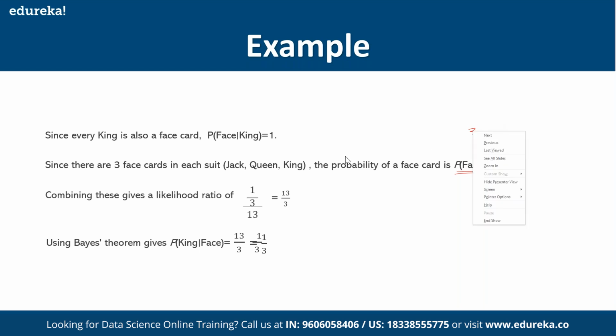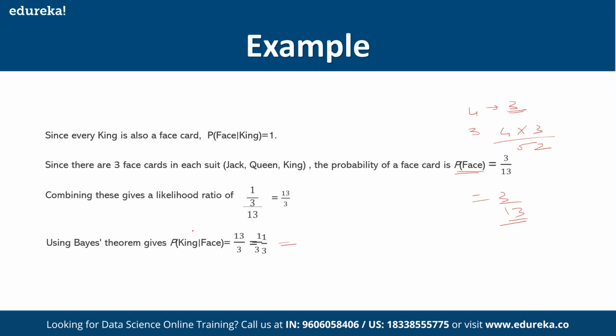In a set, I think there are 4 colors, right? In 4 colors there are 3 face cards each, so in total you'll have 4 into 3 face cards, divided by the total 52, which comes out to 3 by 13, right? So using Bayes theorem, we will just put 1 by 3 divided by 3 by 13, which gives us 13 by 3.